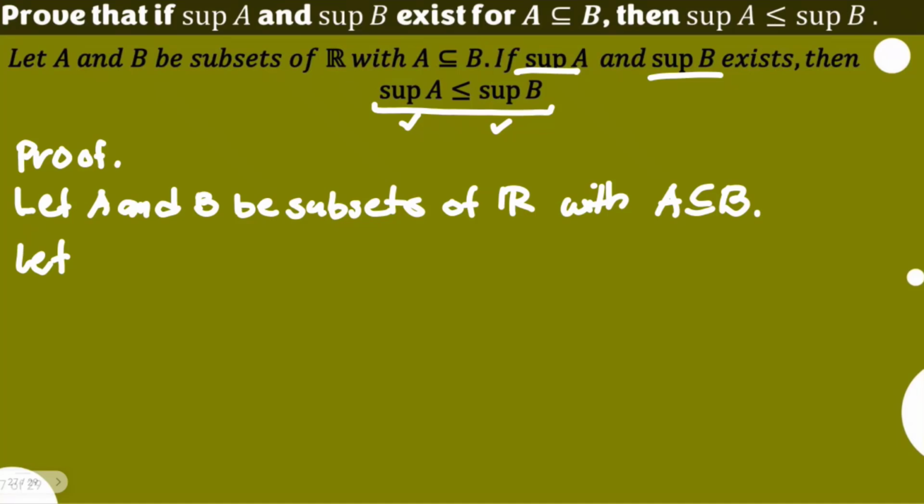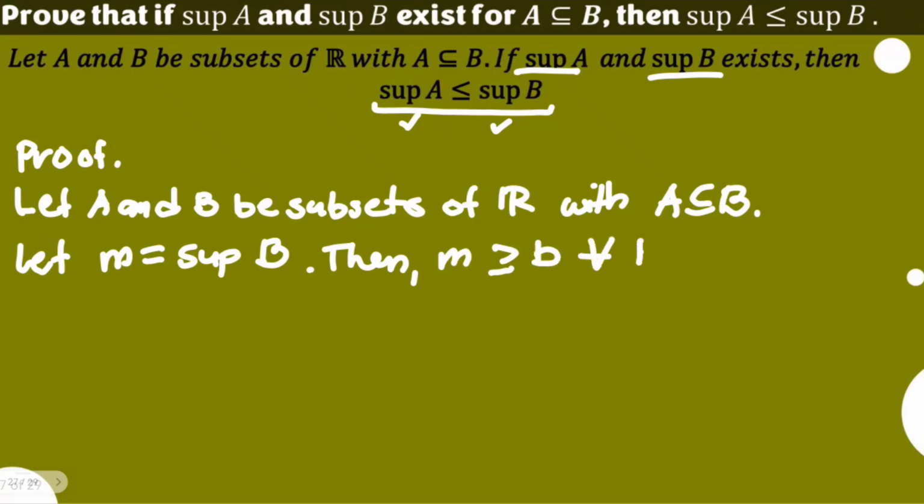Let M be equal to the supremum of B, or in short, M is the least upper bound of the larger set B. If that is the case, then we can say M is greater than or equal to b for all b an element of set B, because it's the least upper bound.